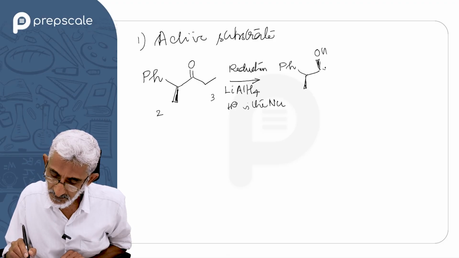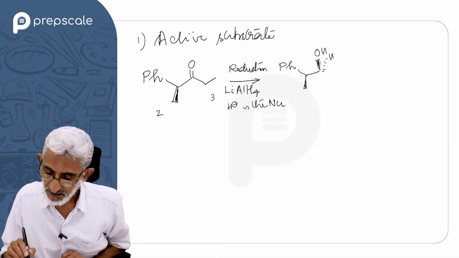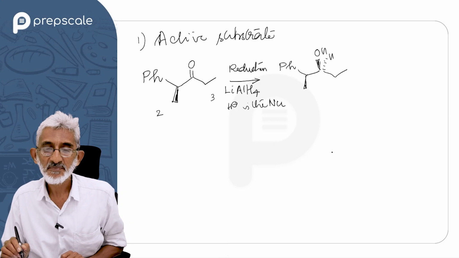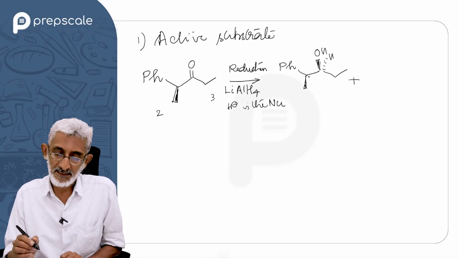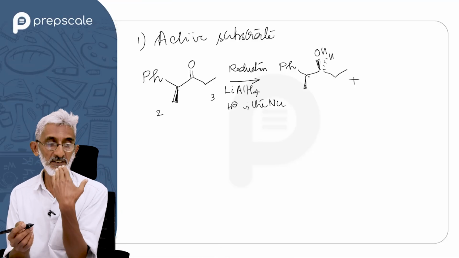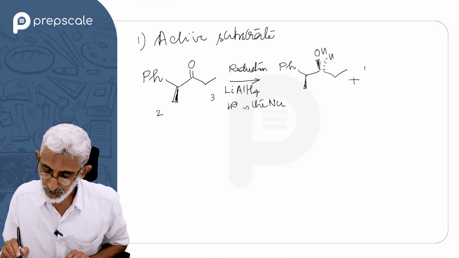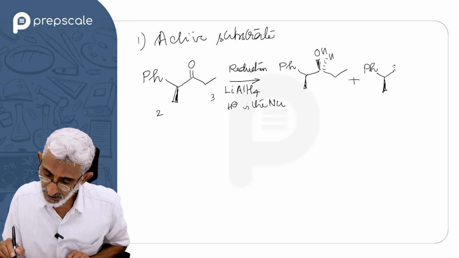This is one with the H on the front side. And this is another possibility, where the H is attacking from the back side and O is coming to the front. Now you have the second product. So these two are diastereomers.